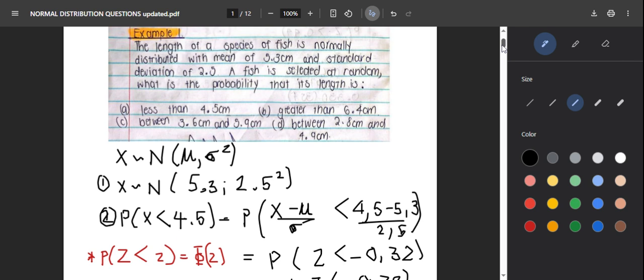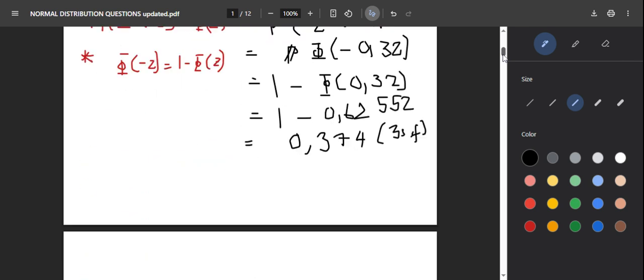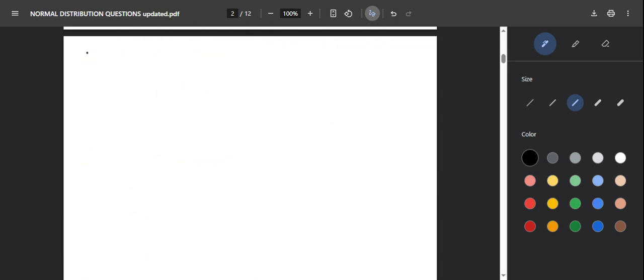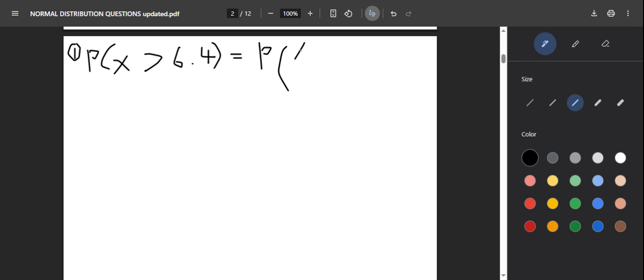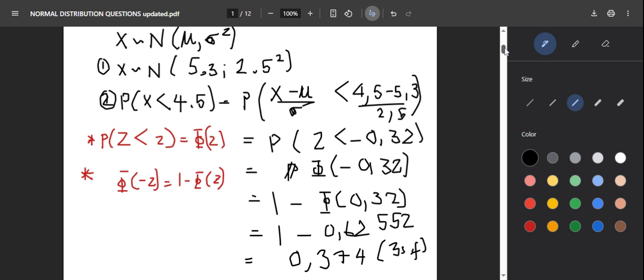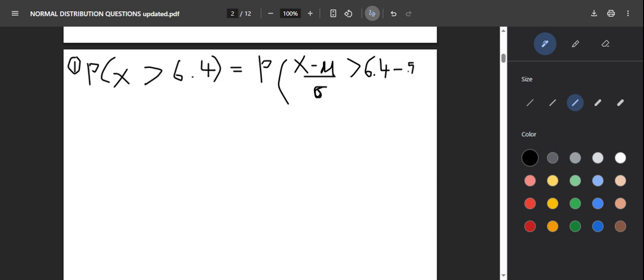Now let us go on to B, greater than 6.4. So what is the probability that X is greater than 6.4? Now this is going to be equal to the probability of (X minus mu) over sigma being greater than (6.4 minus the mean, by the way, is 5.3) and then sigma is 2.5.